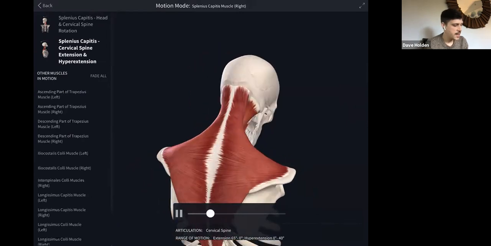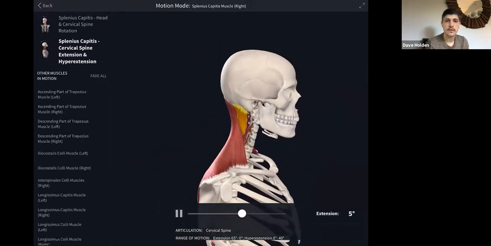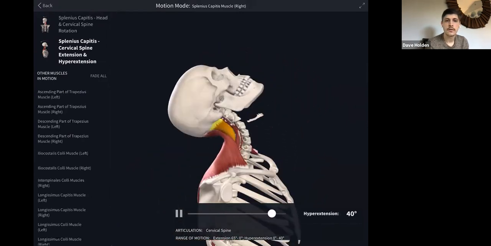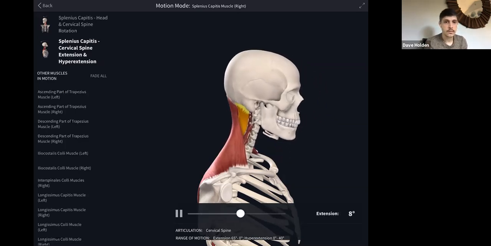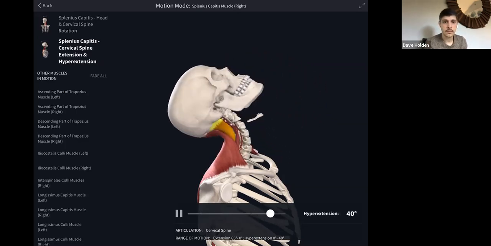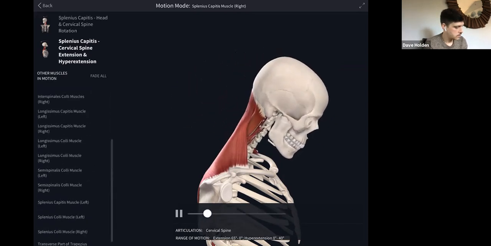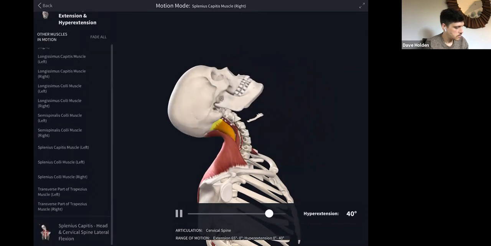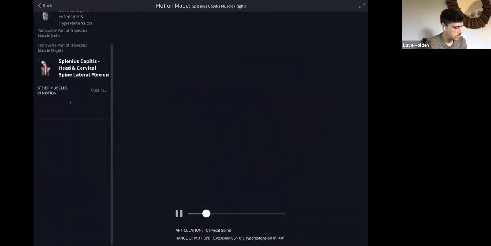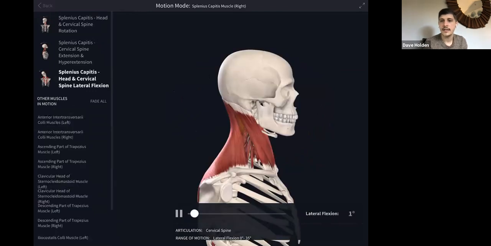Next, we have extension and hyperextension. And lastly, lateral flexion.